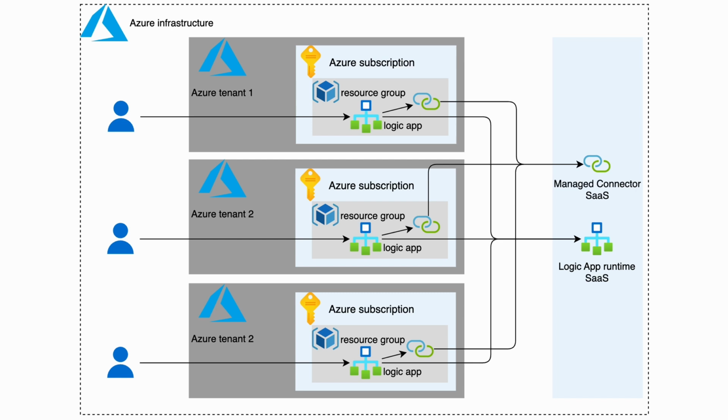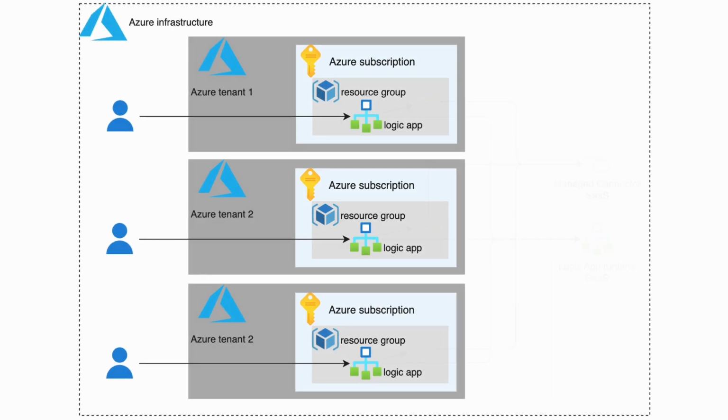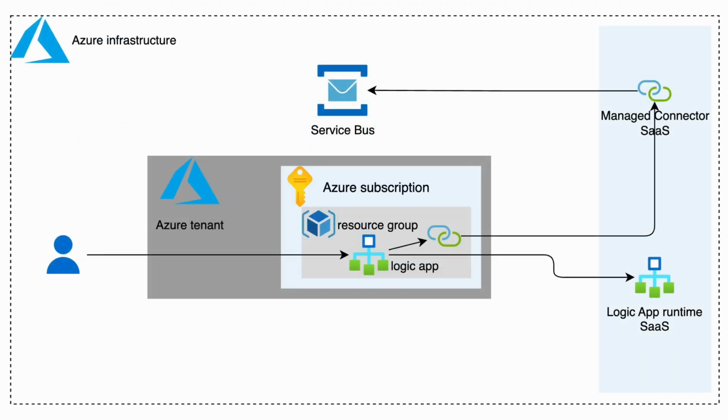You can still use those managed connections, or you can use built-in connections that run directly inside your logic app's runtime. This is huge because it means low latency, better security, and more control over your connections. Let me show you the practical difference.